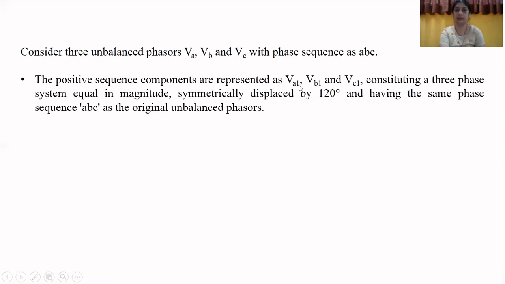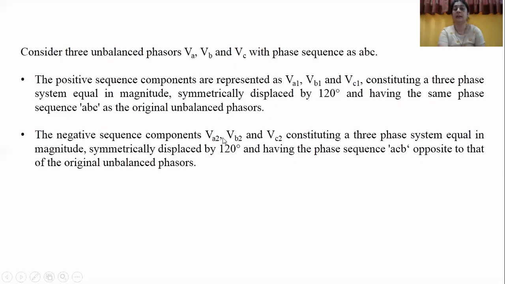Therefore, VA1, VB1, and VC1 represent the positive sequence components. They are all equal in magnitude. They are symmetrically displaced by 120 degrees and they have the same phase sequence as that of the original vector.